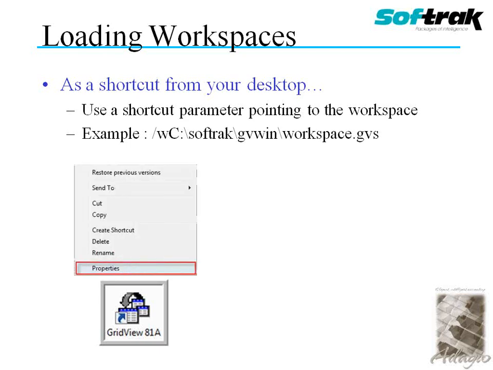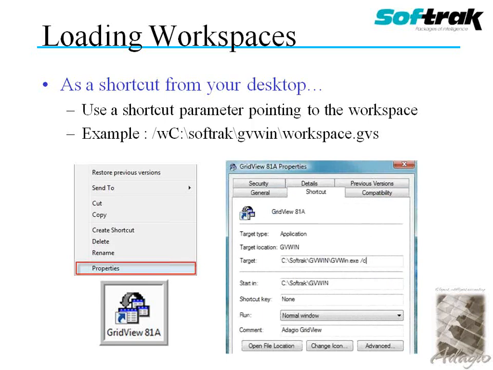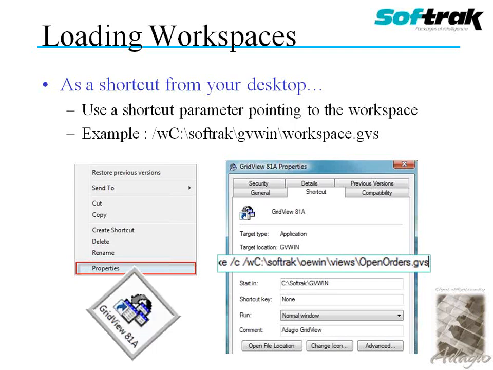How do we set this up? Well, when you create your shortcut for Adagio GridView on your desktop or from the Windows Start menu, just right-click on the shortcut and pick Properties. On the Shortcut tab, you'll see that there's a target area, and you can add the parameter for the location of the workspace that you've saved.